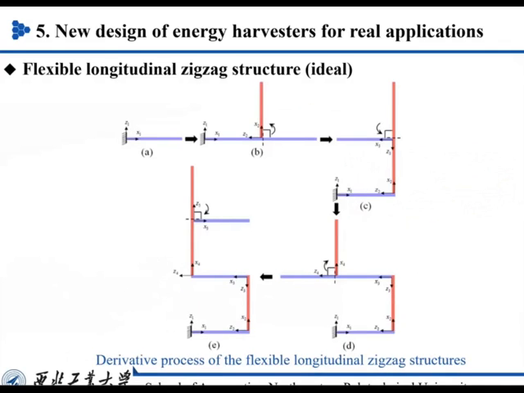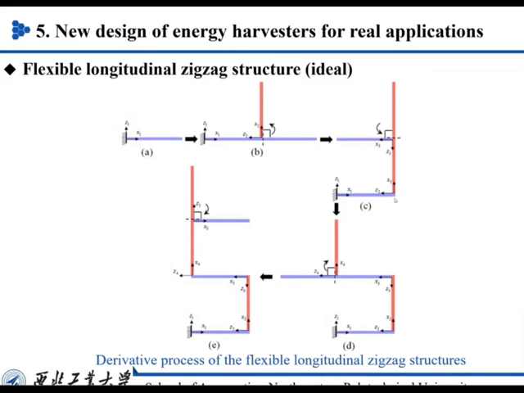This is the derivation process of the flexible zigzag structure. First is a very long beam. We bend it 90 degrees, so it becomes an L beam. If we bend the L beam again 90 degrees, it becomes a U beam.